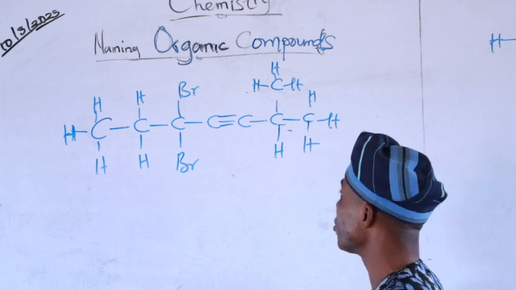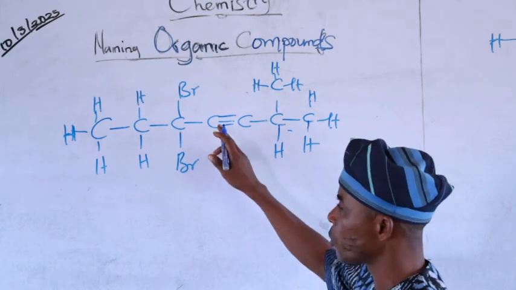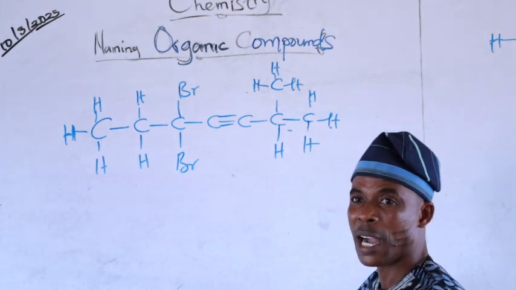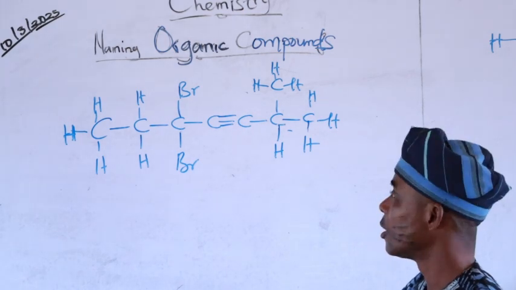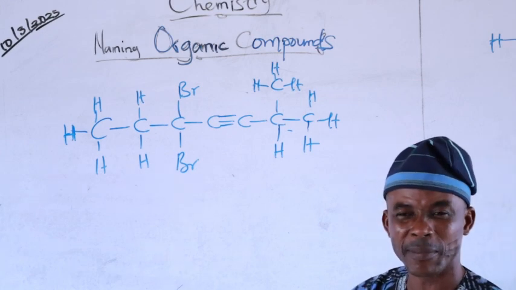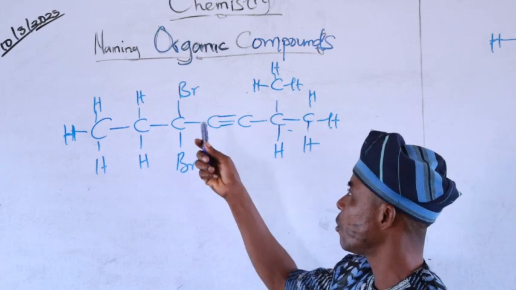Now, if you count from the left, remember the functional group is between this carbon and this carbon. If you count from the left, the functional group will be on carbon number 6. Let's count: 1, 2, 3, 4.